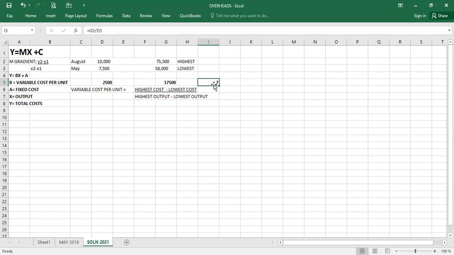These shillings, this is the variable cost per unit. So if you want to get the total variable cost, let me highlight this one, make it a bit broad. We say this is our variable cost per unit. So we want to get our total variable costs.